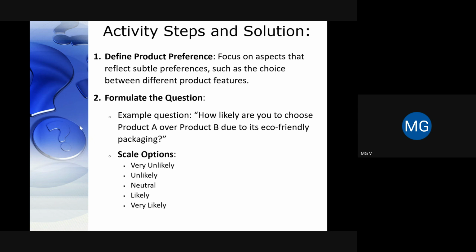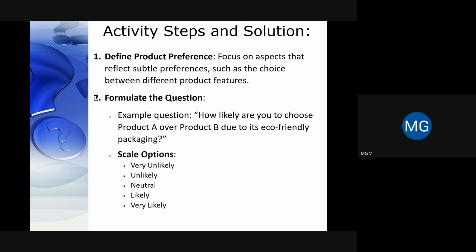And the scale options can vary from very unlikely to neutral to very likely, right? So this scale allows respondents to indicate even slight preferences, providing nuanced insights into shifts in consumer choices.